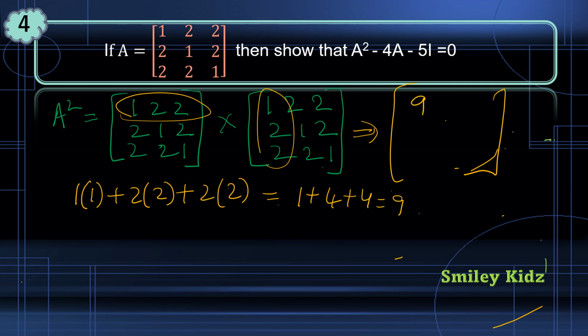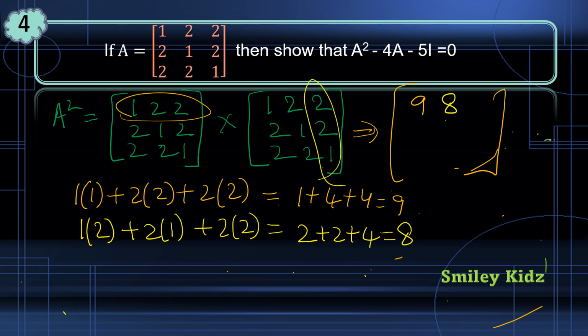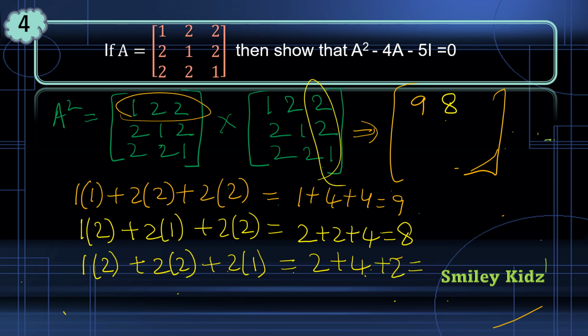Then with the second column: 1 into 2 plus 2 into 1 plus 2 into 2. 2 plus 2 plus 4, 8. So here you're going to have 8. Then with the third column, it will be 1 into 2 plus 2 into 2 plus 2 into 1. This is 2 plus 4 plus 2, equal to 8. So again, we are going to have 8 over here.